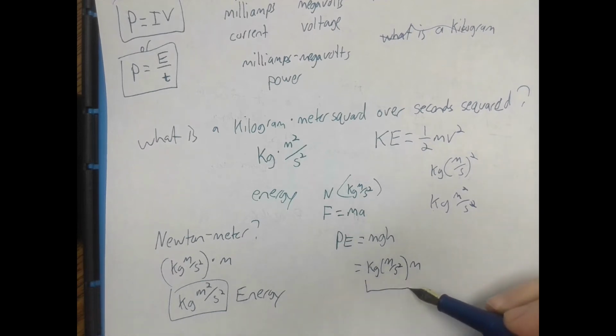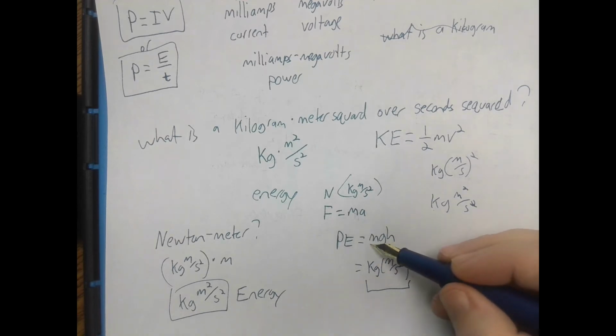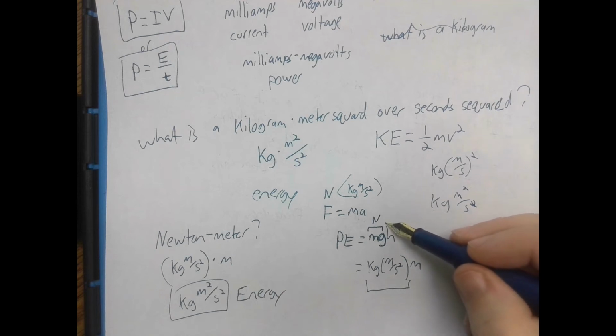We can see right here, mass times acceleration due to gravity, so this has to be a Newton. Height is a distance, so it's Newton times a meter.